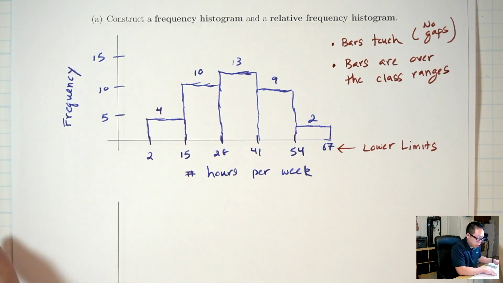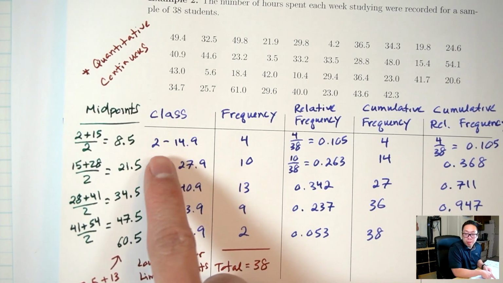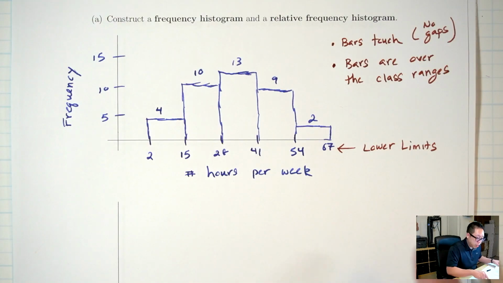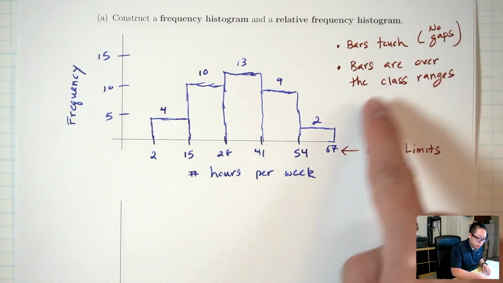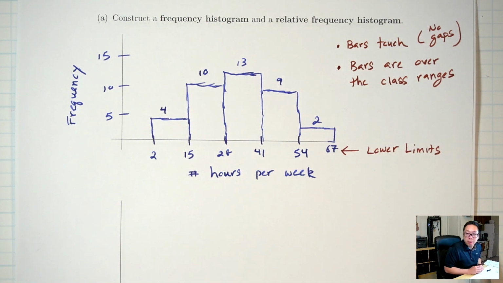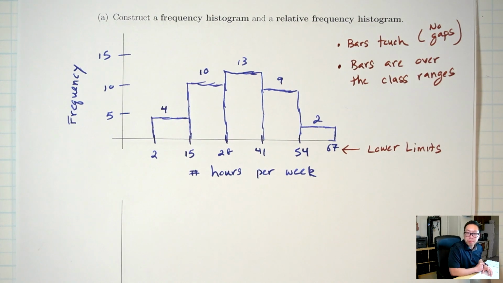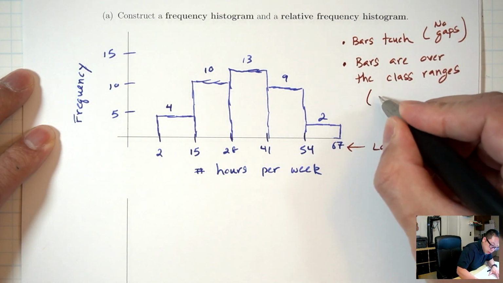This 4 represents the range 2 to 15, or exactly 2 to 14.9, but we can say 2 to 15. So whenever you have data that's broken up into ranges, the bars should be over the range. In other words, you should never have any numbers in the middle of the bar. And this is for continuous.